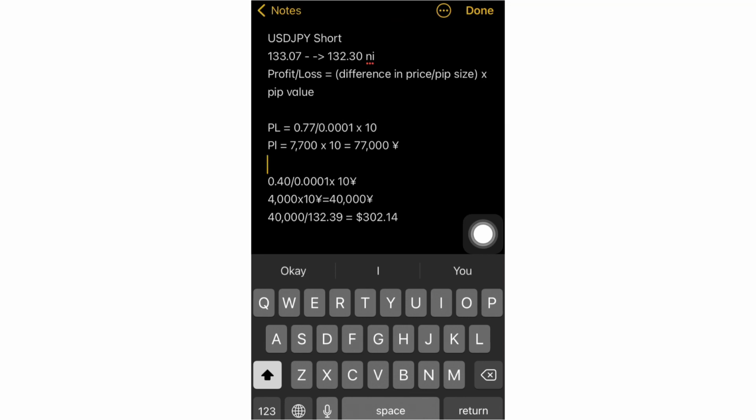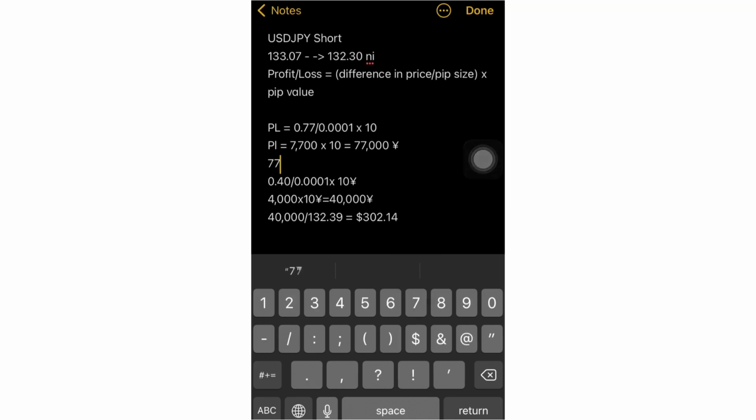When you have this, you divide it using the close price. This is the close price. So I divide 77,000 by my close price, which is 132.30, to get the result in dollars.